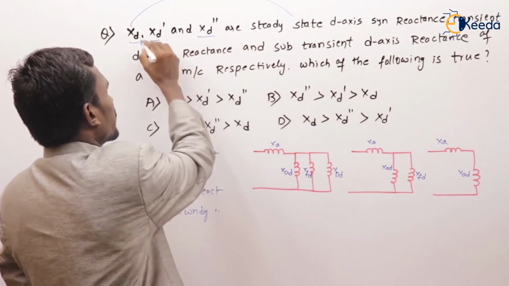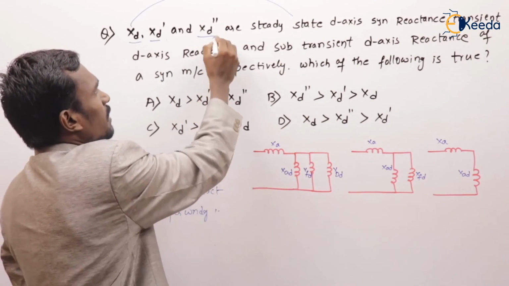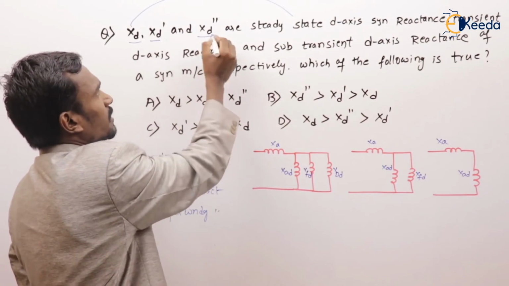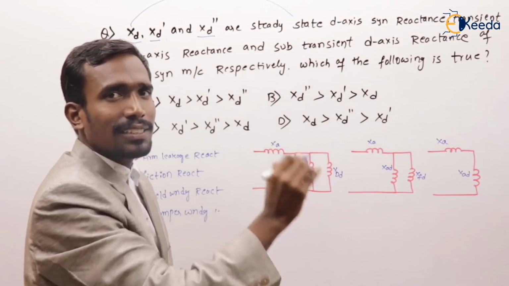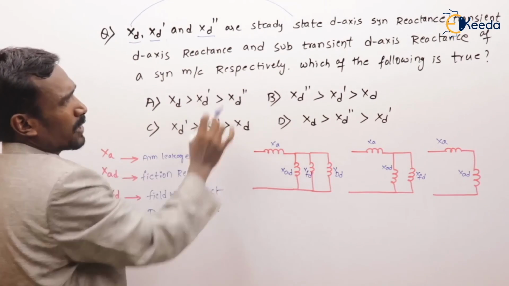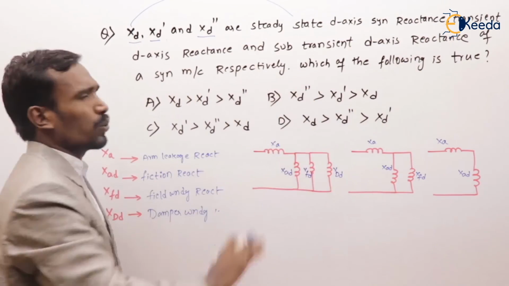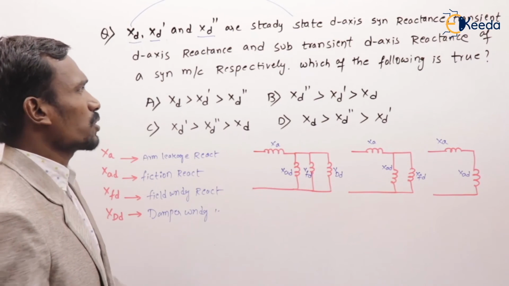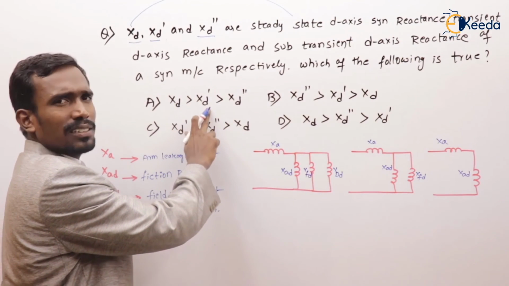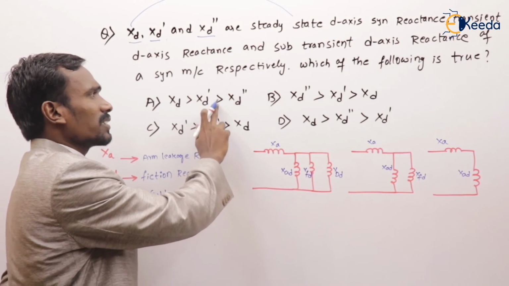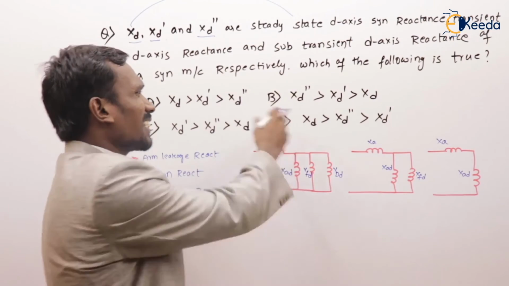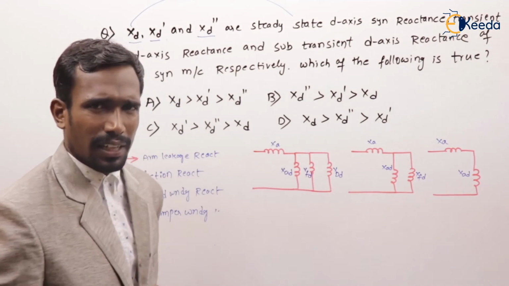These are the steady state, transient, subtransient reactances along the d-axis respectively. Which of the following is true? The steady state reactance is greater than transient reactance, which is greater than subtransient reactance, or like this; there are 4 options.